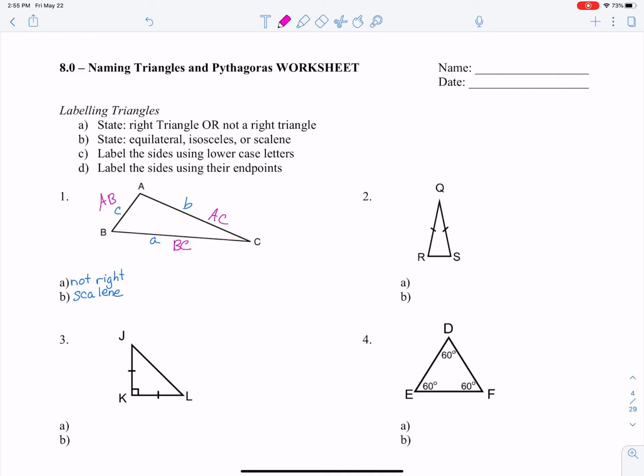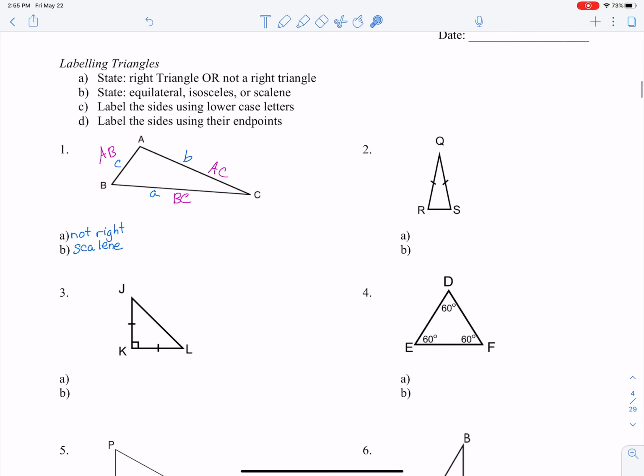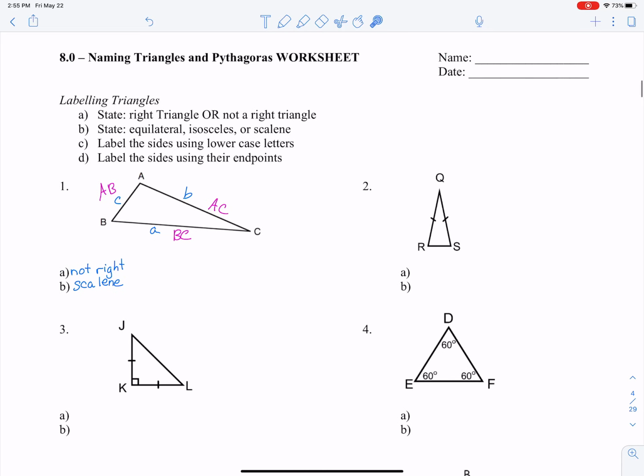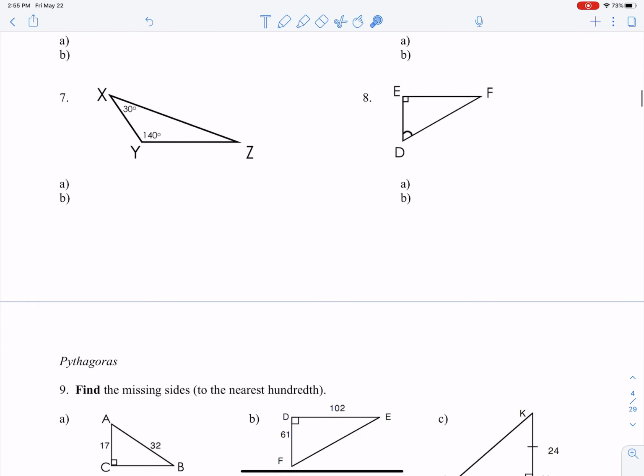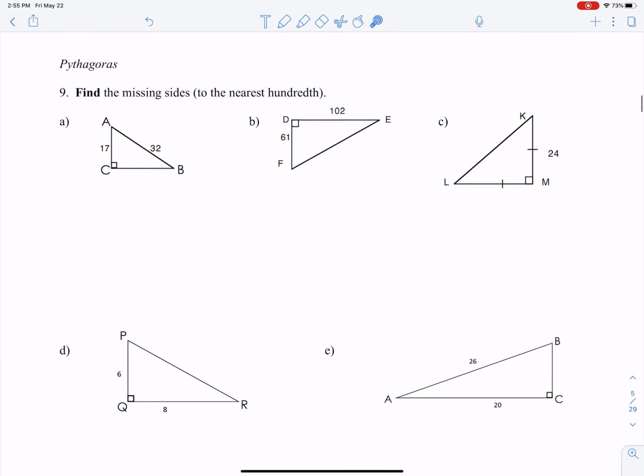Okay. So that is what you should do for all of the questions on this page. So you're going to do 8 of those. And then next section is using Pythagoras.